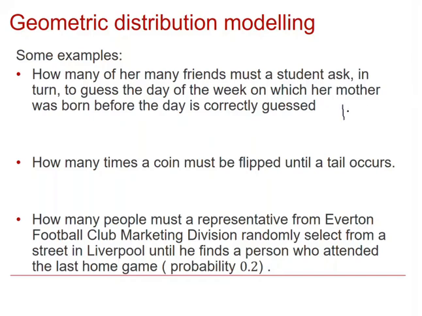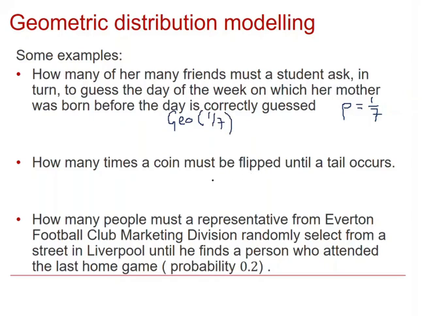Now we don't know how many, so there's no value for n, no fixed number of trials, but we do know the probability of guessing one day out of 7 correctly is going to give us our constant value for p, and so this would follow a geometric distribution with probability 1/7.